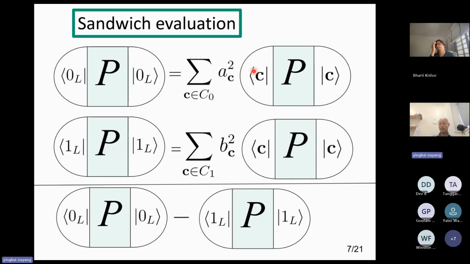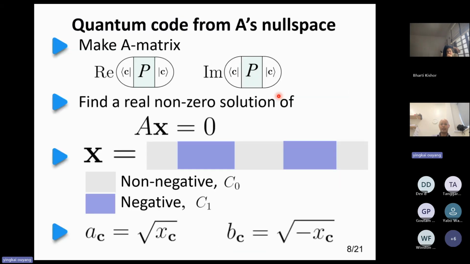It will just be like the A code sandwiches minus the B code sandwiches. It is important to note that in our code construction, we do not choose what C0 and C1 are first. The ingredient that we pick is the classical code C, and later we are going to decide what the C0 and C1 is in a bit.